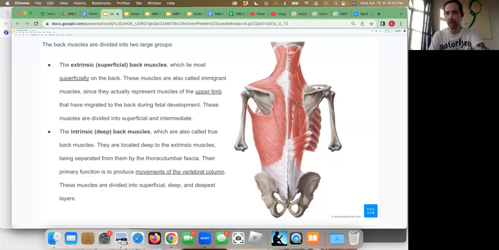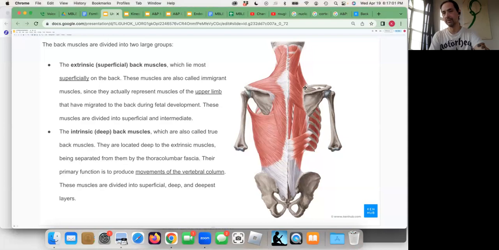So for the rhomboid major, here's rhomboid major, here's rhomboid minor. For the rhomboid major, the question may be, does it attach at the medial inferior border, the medial superior border, the lateral inferior border, or the lateral superior border, right? And you would have to know medial from lateral. You would have to know superior from inferior. Just like we do superior, inferior, lateral, and medial on the body for our orientation terms, you also have to do those for each part of the body.